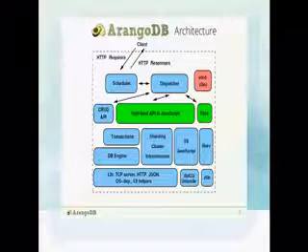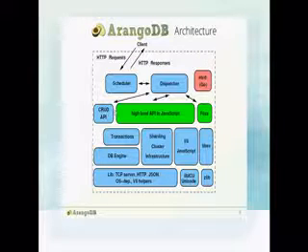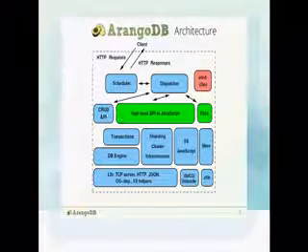Here some operations are performed on that request, and after performing the operations, they send a response back to the dispatcher, the dispatcher sends a response back to the scheduler, and the scheduler sends an HTTP response to the client.